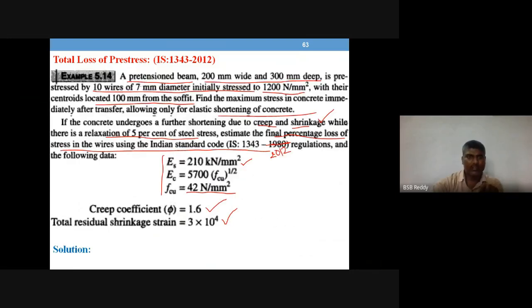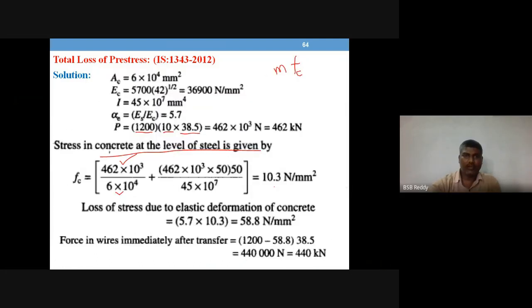So there are 10 wires of 7 mm dia. So pi d square by 4, pi 7 square by 4, is the cross sectional area, into 10 will give you the total cross sectional area.